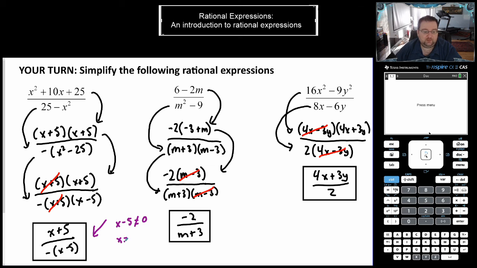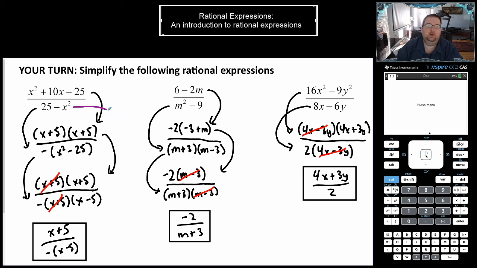Therefore, x cannot equal 5. And then they box this answer and say, well, x cannot equal 5. But the issue with this is you're missing something. This is after you simplify, and your non-permissible values shouldn't come from after you simplify.